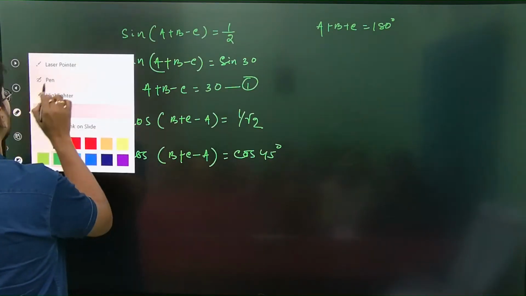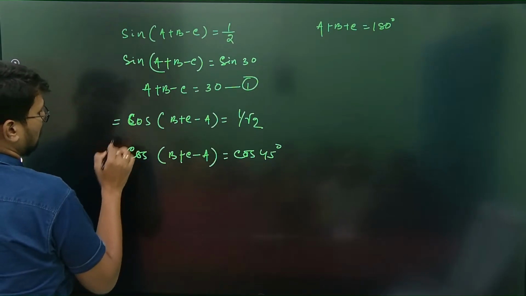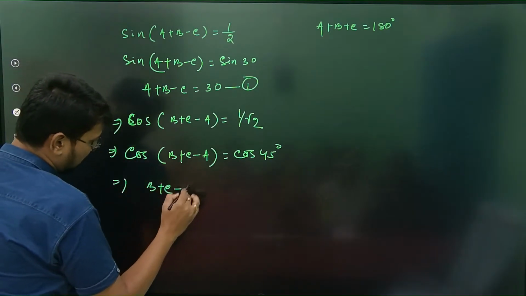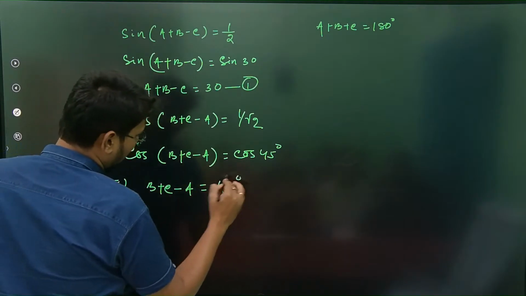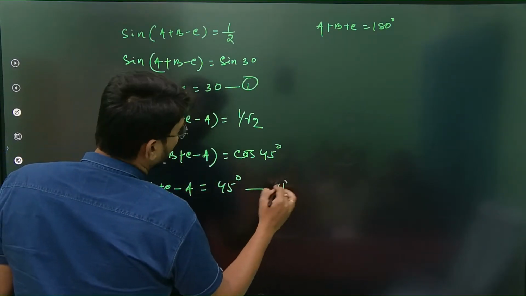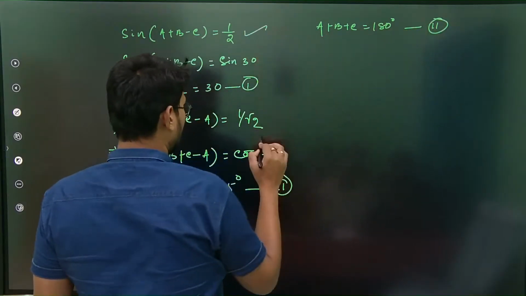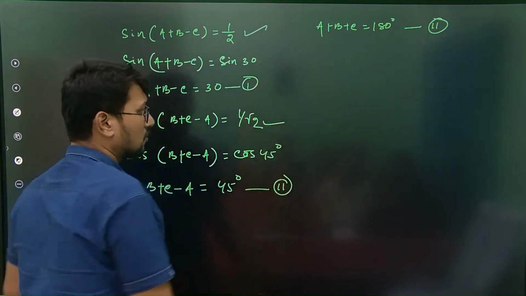This implies B plus C minus A equals 45. This is equation 2 and this is equation 3. These two are given, that's why we have got equations 1 and 2.